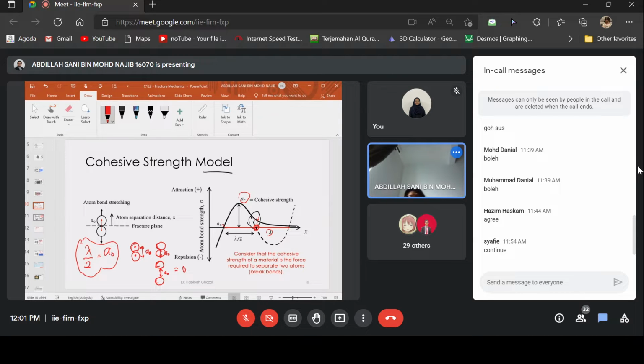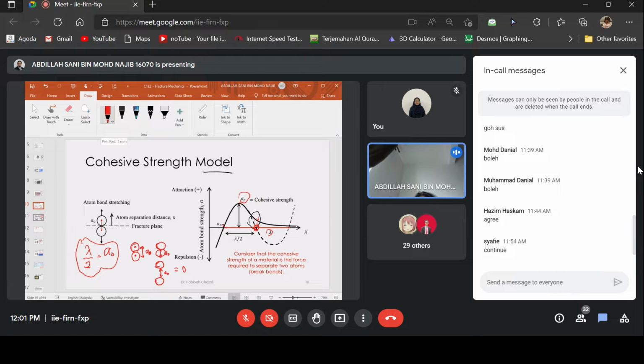From minimum to maximum to minimum again, that is lambda over 2. This distance goes from a relaxed state to a very high strength, and then to less strength again.